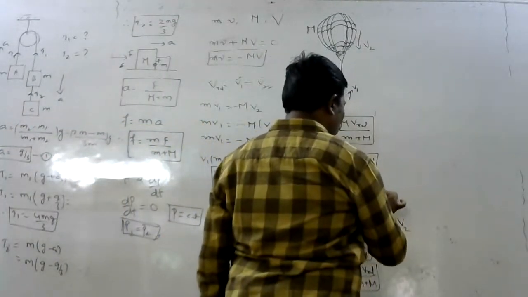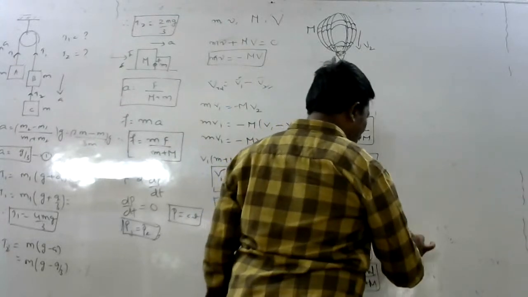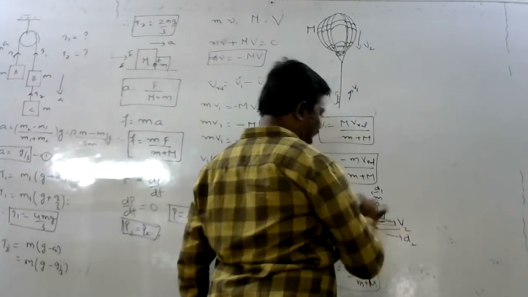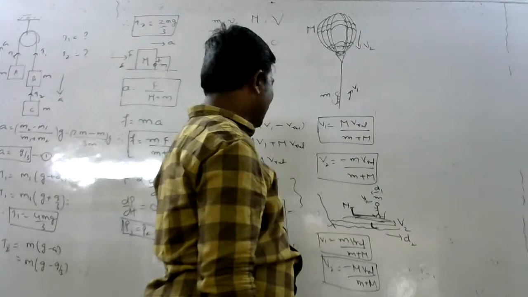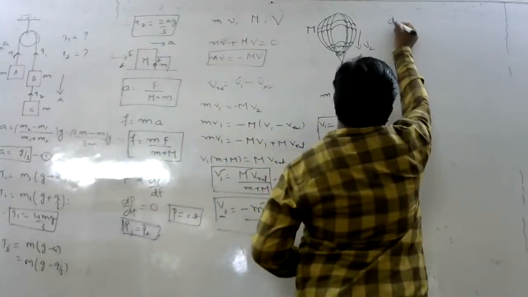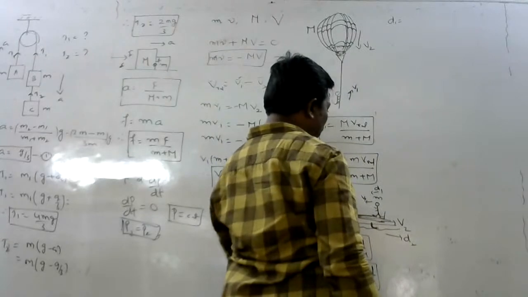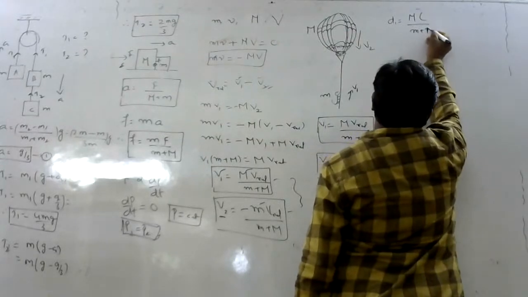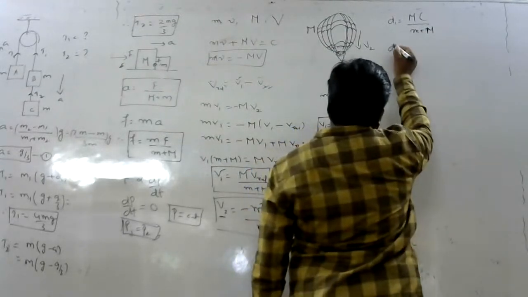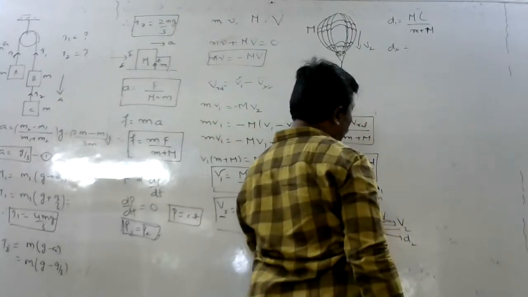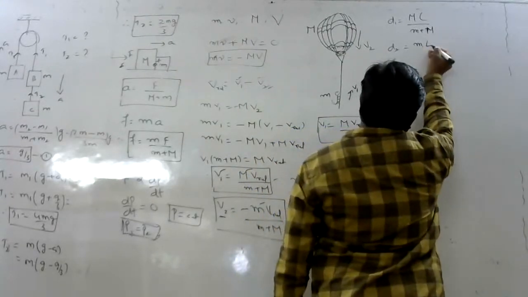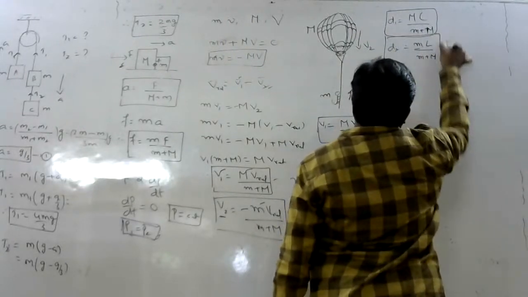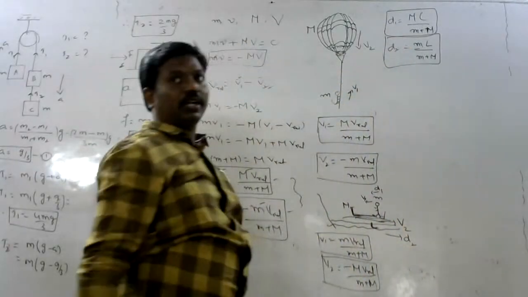If man moved towards a distance d1 and boat backward a distance d2, and the length of the boat is capital L. So d1, the distance moved by the man, is equal to capital M into L by small m plus capital M. And also distance moved by the boat, d2, is equal to small m into L by small m plus capital M. These two applications are also very important.